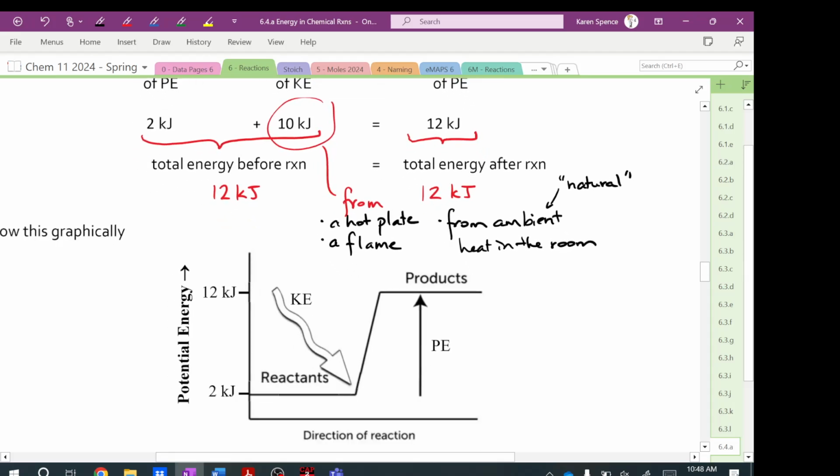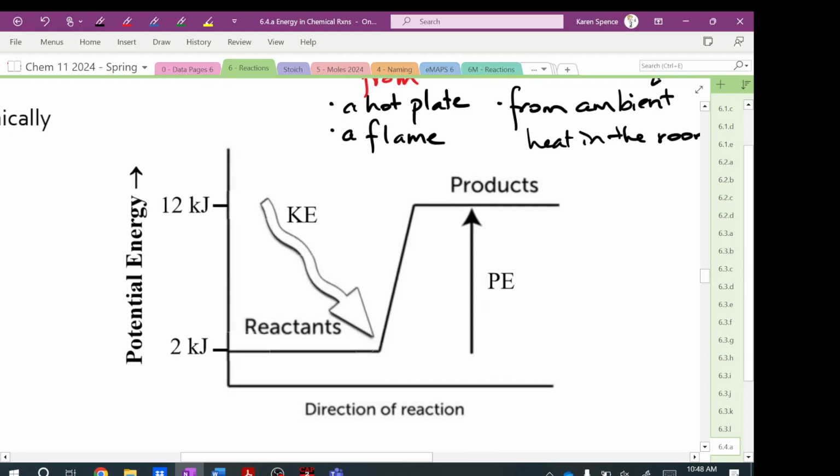So this is what that's going to look like on a graph. On our y-axis, we have the potential energy, and that's in kilojoules. And on the x-axis, we have the direction of the reaction. So the reaction is proceeding forward.